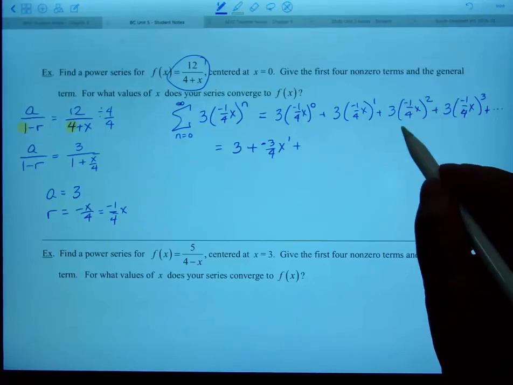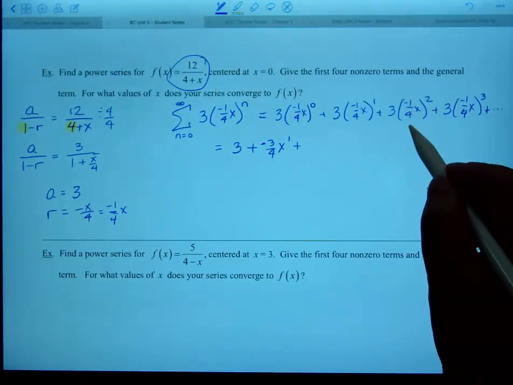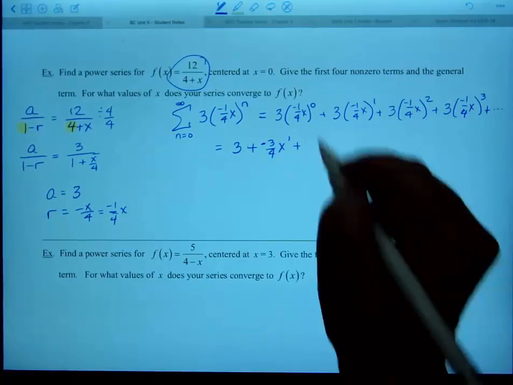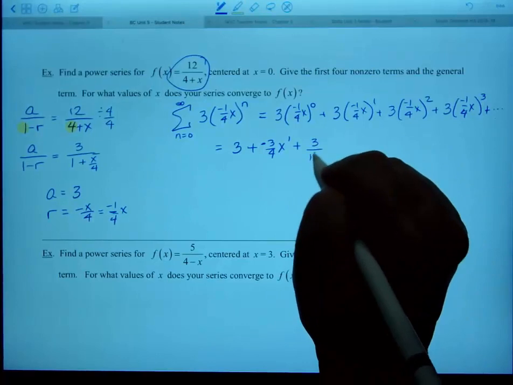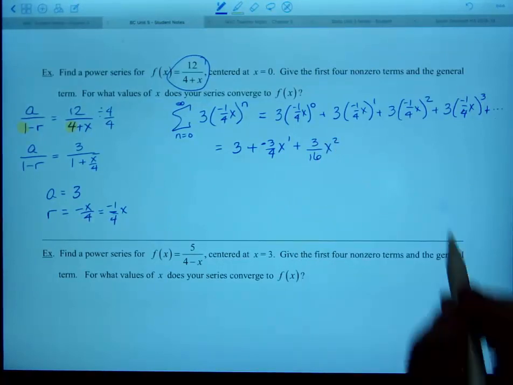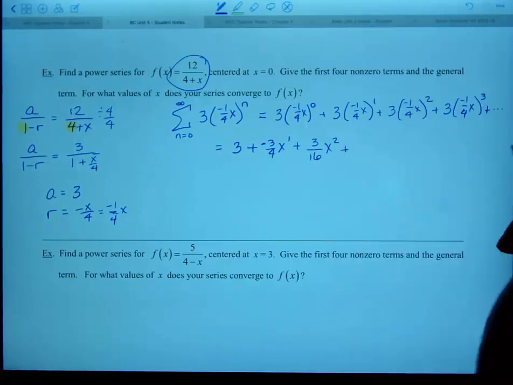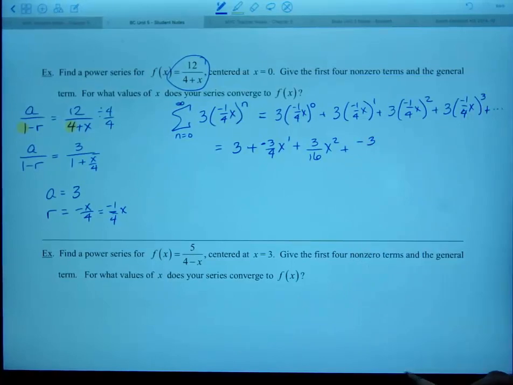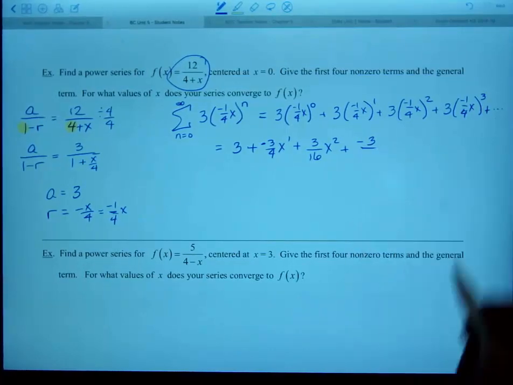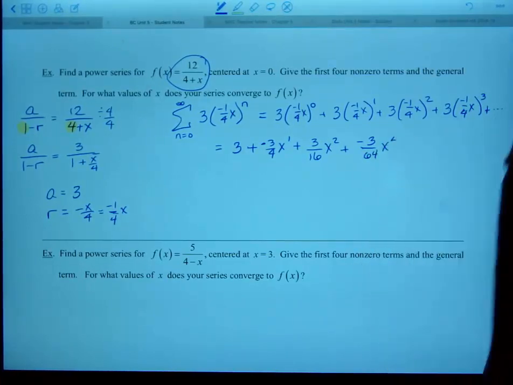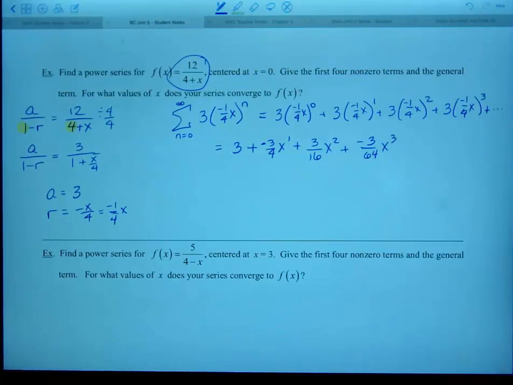What's negative 1/4 times negative 1/4? Positive 1/16 times the 3. So it's going to be positive 3/16 X squared. And the last term is going to be, what sign? Negative. I know the top number is going to be 3 because there are always 3's, right? Now I need 4 to the third. 64 X to the third. Plus dot dot dot.